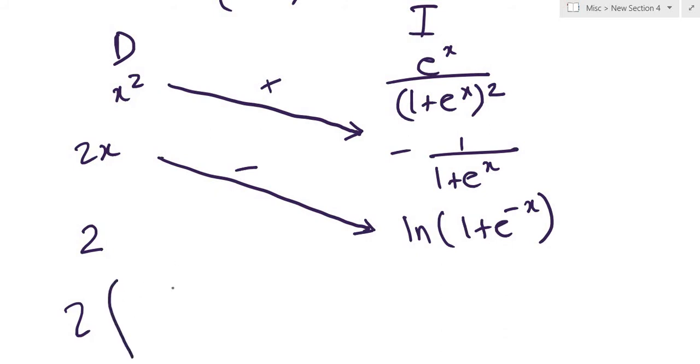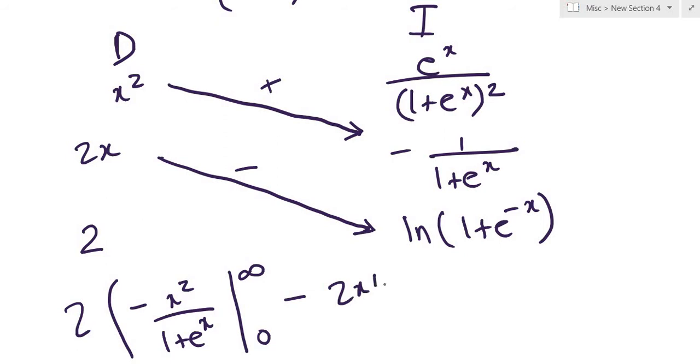So minus x squared over 1 plus e raised to x. But remember, we have to evaluate it from 0 to infinity, and then the subtraction there was minus 2x times the natural log of 1 plus e raised to negative x, again evaluated from infinity to 0.